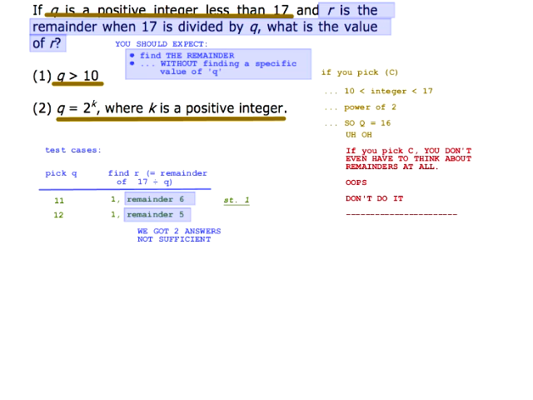Let's do statement 2. What are the only Q's that we're allowed to pick in statement 2? Yeah, and there's actually nothing in between there.